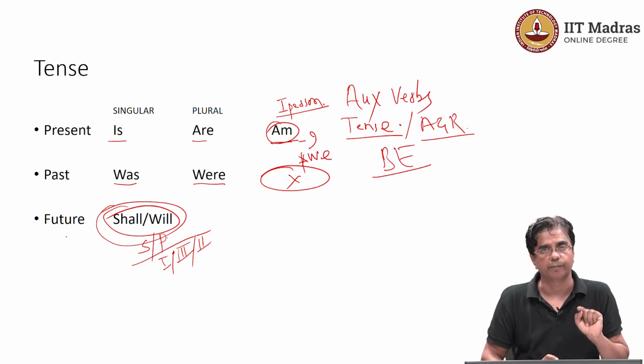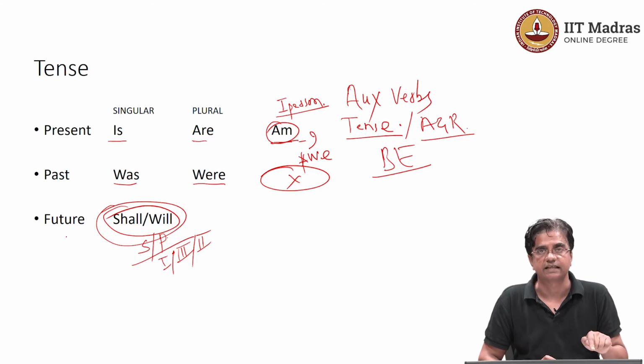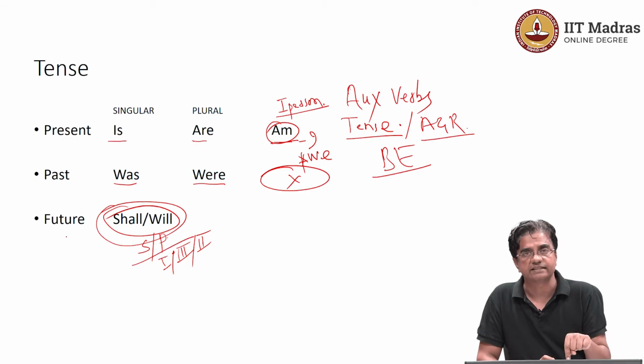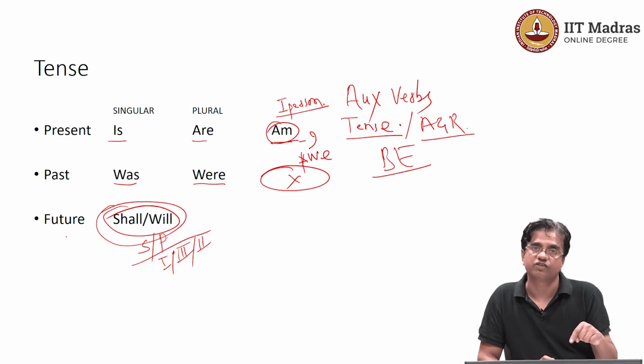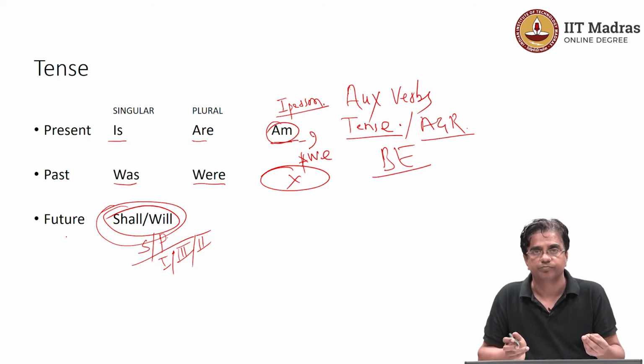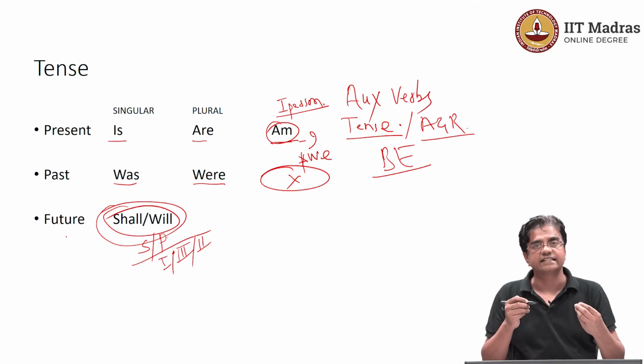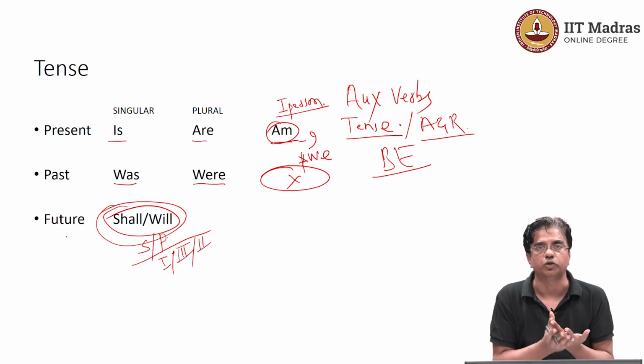Another footnote about tense marking, these become tense markers. These things carry tense marking only when they appear in a sentence. In the absence of these elements in English, tense appears on verb. Verbs carry tense, or sometimes it is just zero.